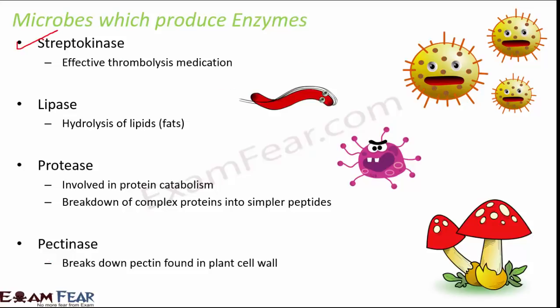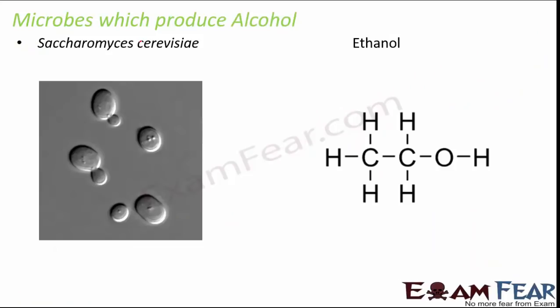For example, streptokinase is an enzyme, lipase, protease, pectinase. These are some of the enzymes which are produced by different microbes. Again, you should know the functions of these enzymes and also the microbes which produce them. Next is microbes which produce alcohol. Saccharomyces cerevisiae produces alcohol, that is ethanol.